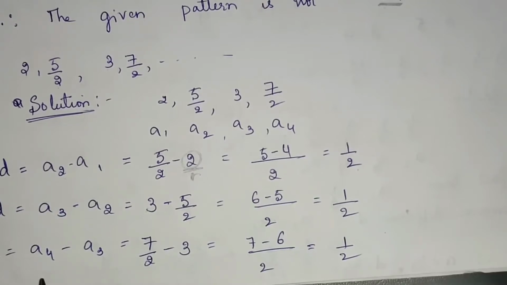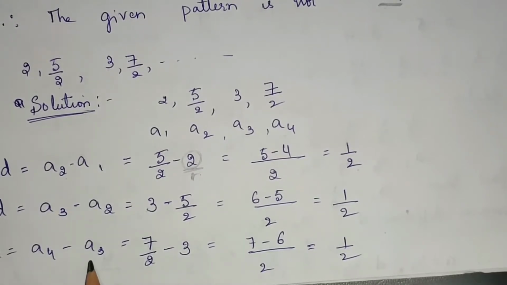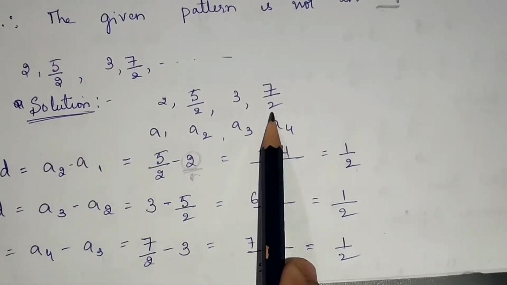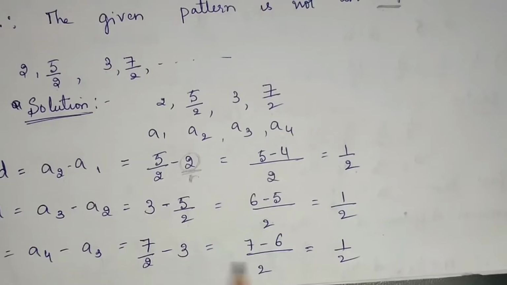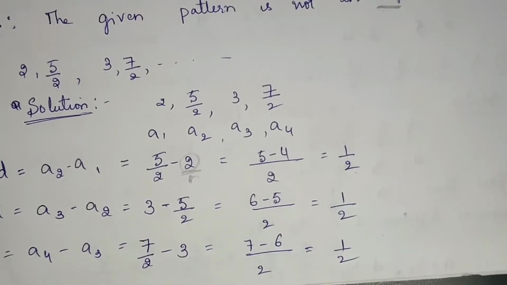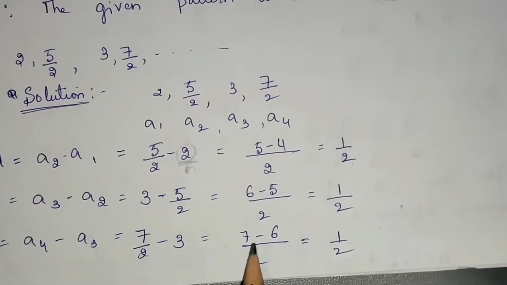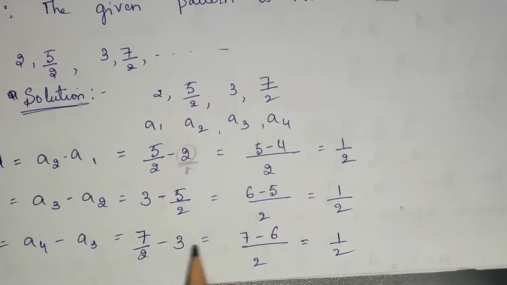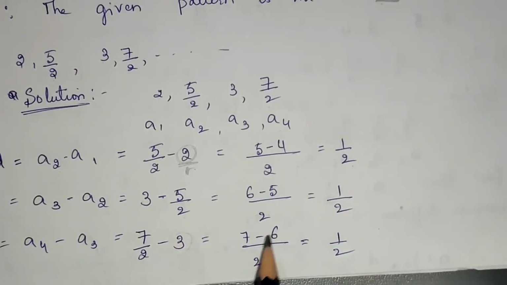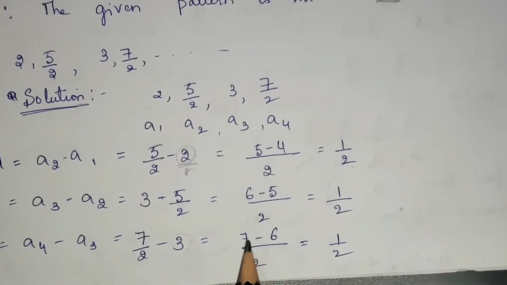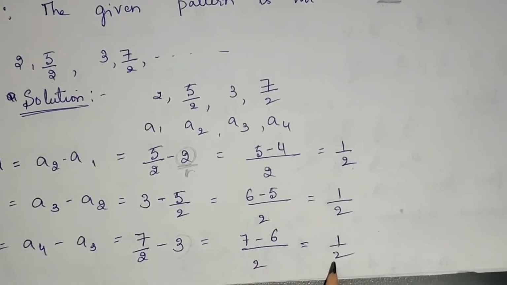We will see one more common difference, that is A4 minus A3, where the fourth term was 7 by 2 and minus 3. Taking 2 as the LCM again, then 7 as it is minus this 3 has to be multiplied by 2, hence it will become 6. 7 minus 6 is 1 by 2.